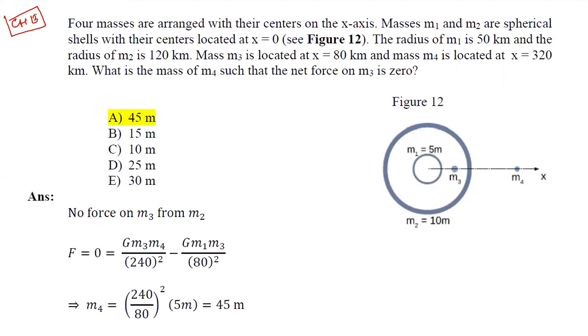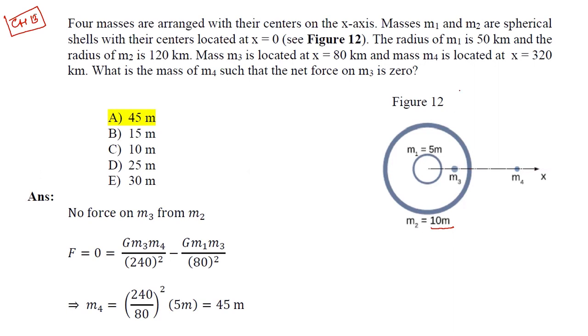Now let's look at this problem here. Chapter 13. We have 4 masses that are arranged with their center of mass on the x-axis. You see here, I have M1. It has mass 5M, and the center of mass is here. Then I have M2, a spherical shell, an empty sphere, with mass 10M.